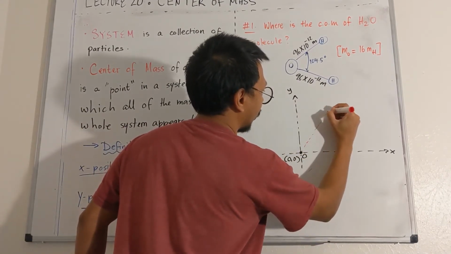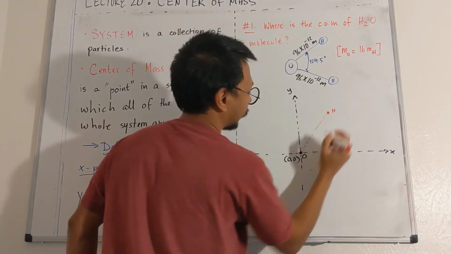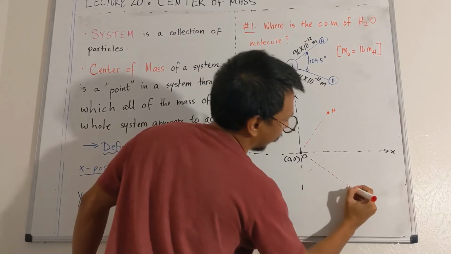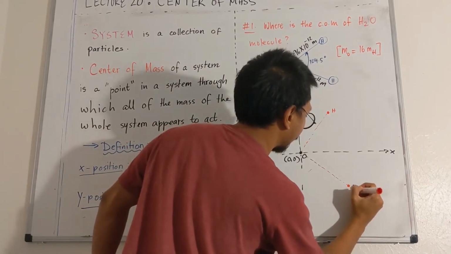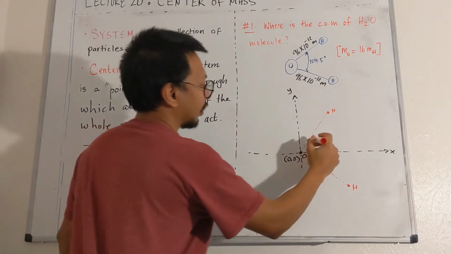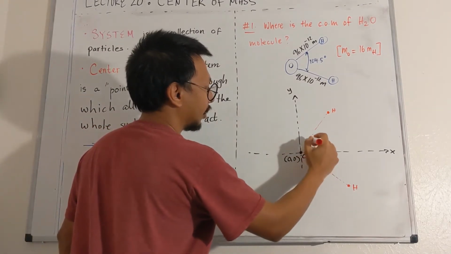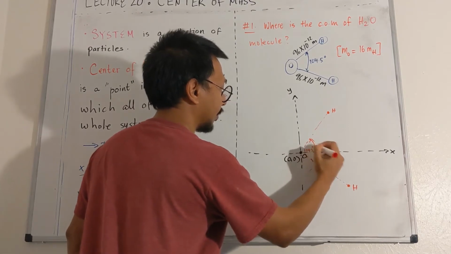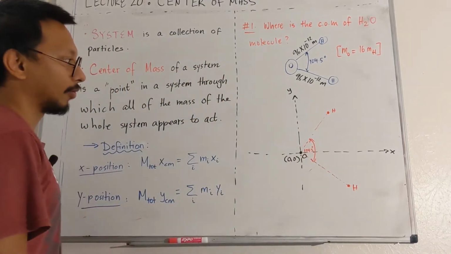Here lies one hydrogen, here lies another hydrogen. And the angle between them is given to me as 104.5 degrees. That's all I know.